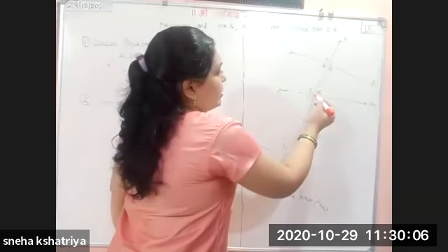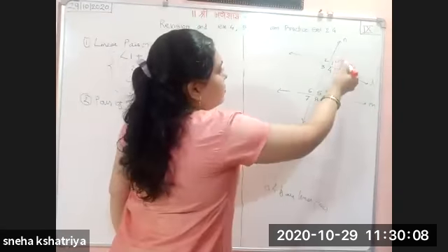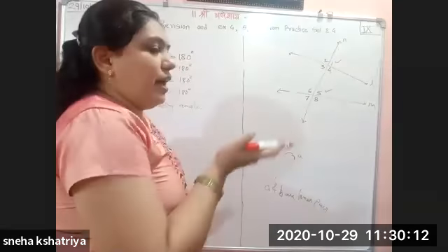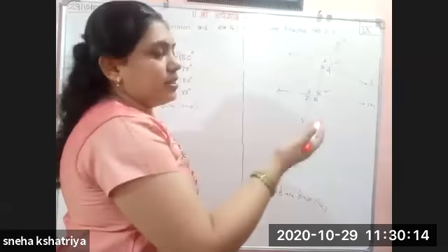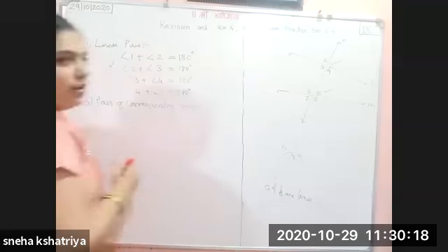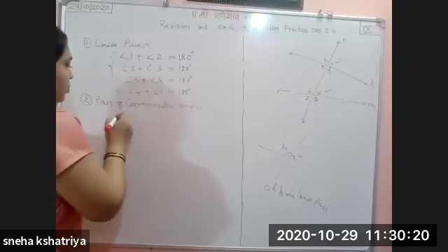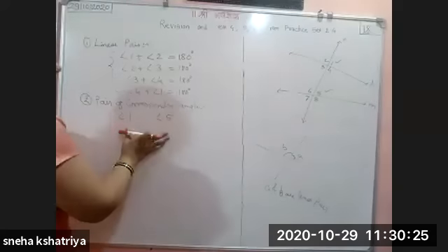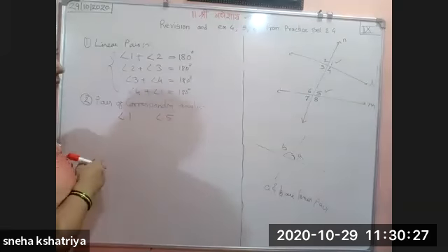This angle 5 and this angle 1: how are these angles? They both lie above the line, on the right side of the transversal. Then these two are your corresponding angles. So angle 1 and angle 5 make a pair of corresponding angles.